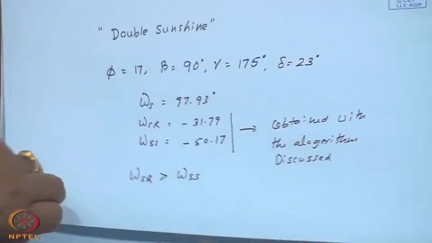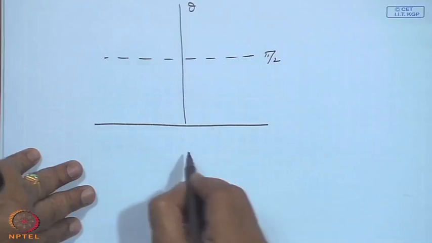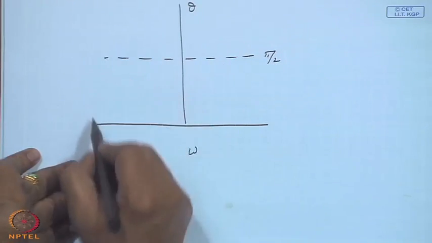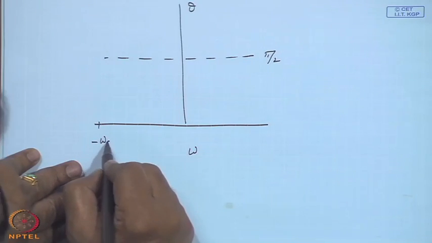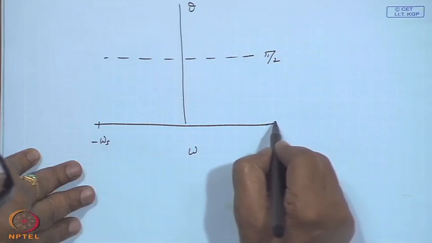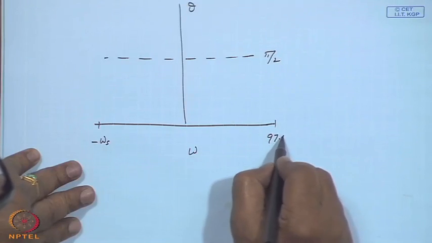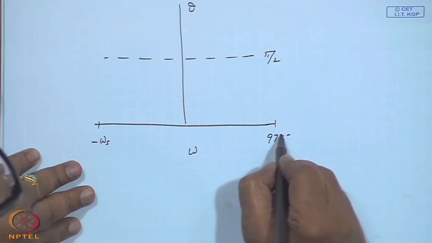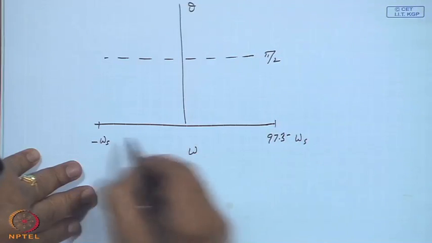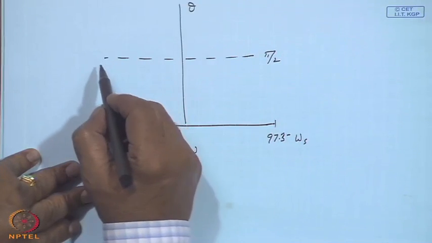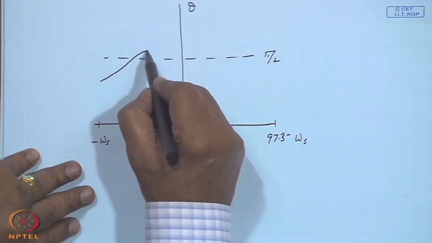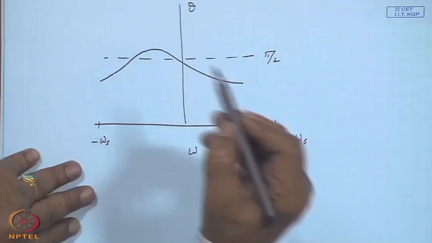So, you have the theta versus omega curve. This is pi by 2, this is theta axis, omega, this may be your minus omega s, which is 97.93, and this is plus omega s. So, now you have got something like this.